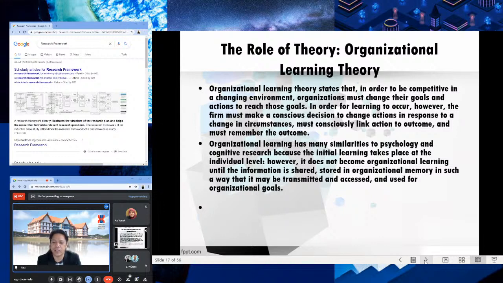Organizational learning is not about the organization itself but about the composition of the organization, how they need to continue to learn and share information. It is an accumulation of behavior or effort shown by the individuals within the organization.